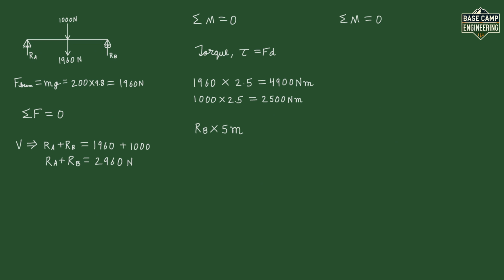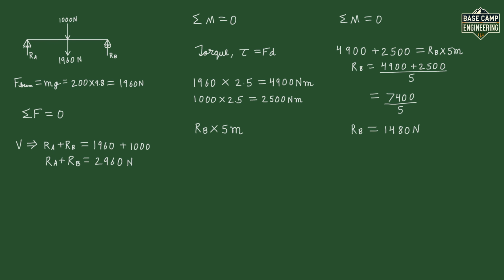For sigma M equals 0, the sum of clockwise moments equals the counterclockwise moment. 4900 newton meters plus 2500 newton meters equals Rb multiplied by 5 meters. Solving, Rb equals 1480 newtons upward. Then using sigma F equals 0, Ra equals 1480 newtons upward.